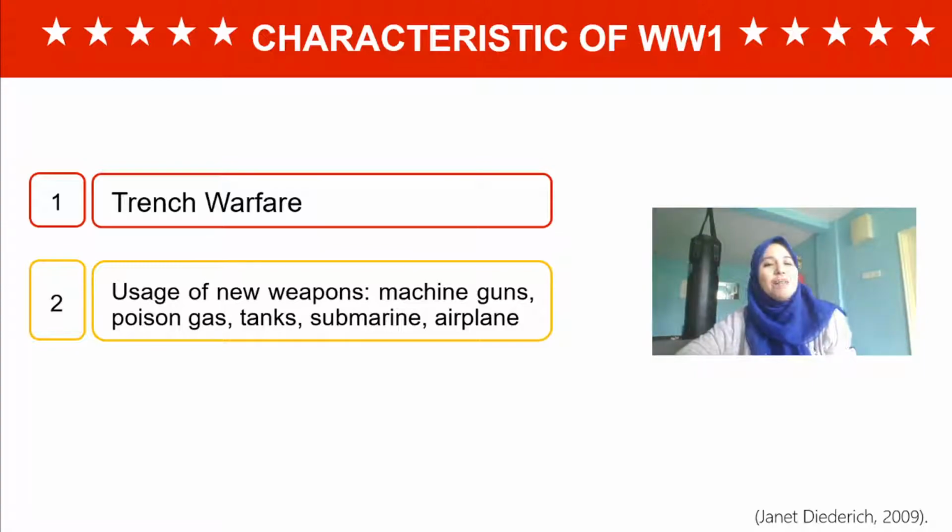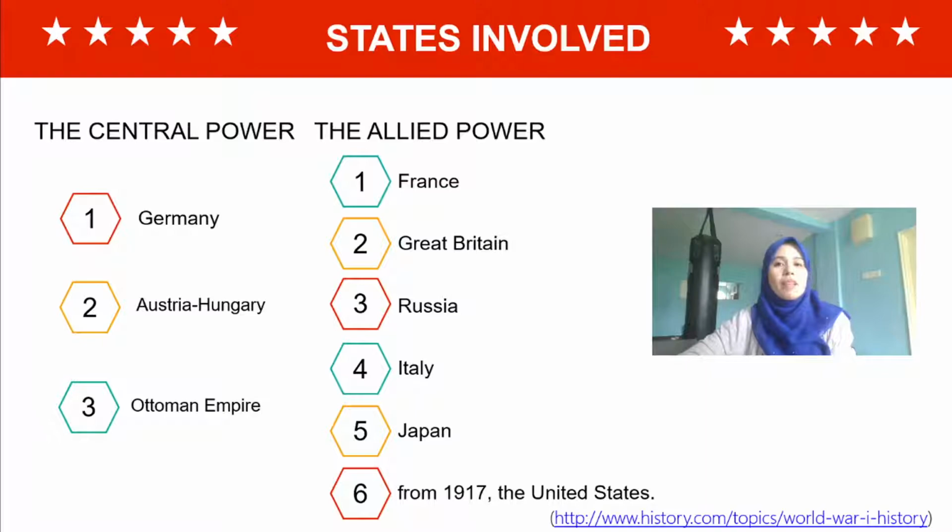And then there are two characteristics of World War One: trench warfare and also the usage of new weapons such as machine guns, poison gas, tanks, submarines, and airplanes. And we have two sides involved, the Central Powers and the Allied Powers. The Central Powers have three countries: Germany, Austria-Hungary, and the Ottoman Empire.